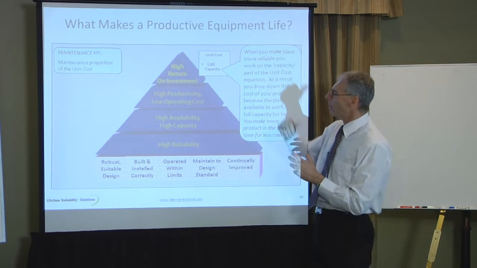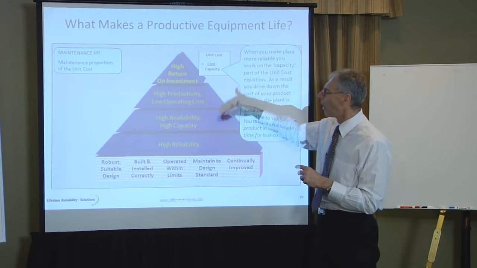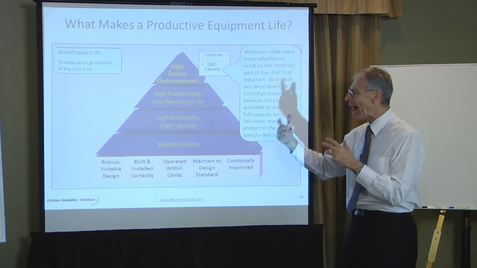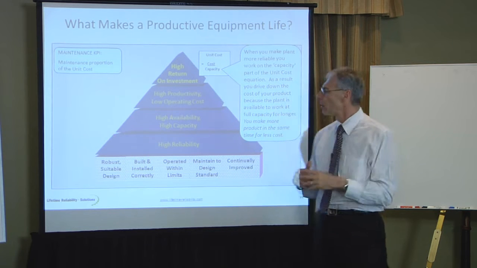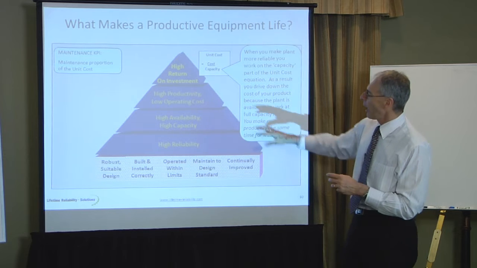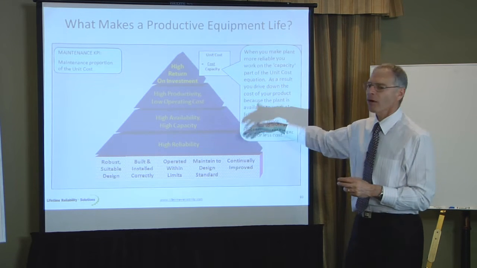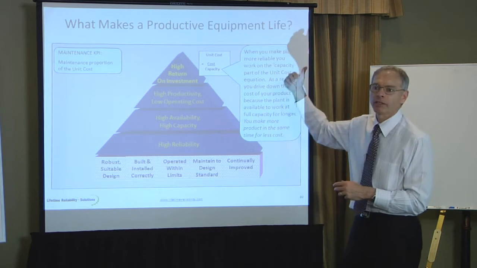But productivity and low cost operation requires some foundational things as well, and they require high plant availability and high capacity. So you want plant that is reliable, that will work at full design rate continuously. If we can achieve that, then we'll minimise our costs and maximise our throughput. And those two depend upon another factor, which is reliability. If the plant is unreliable, I cannot get availability, nor can I get the full capacity it was designed to deliver.